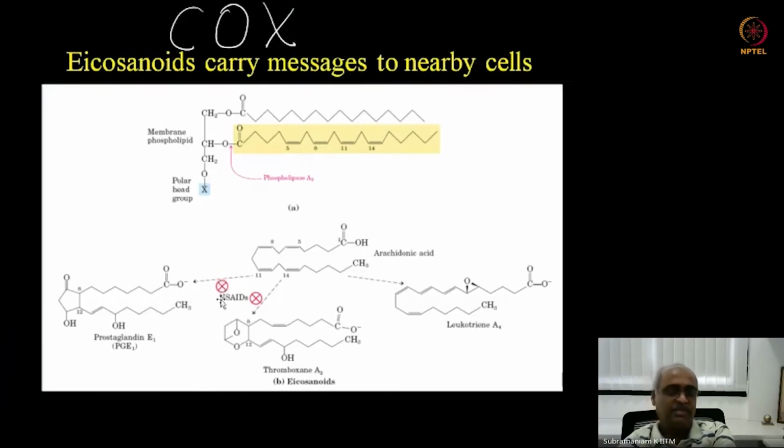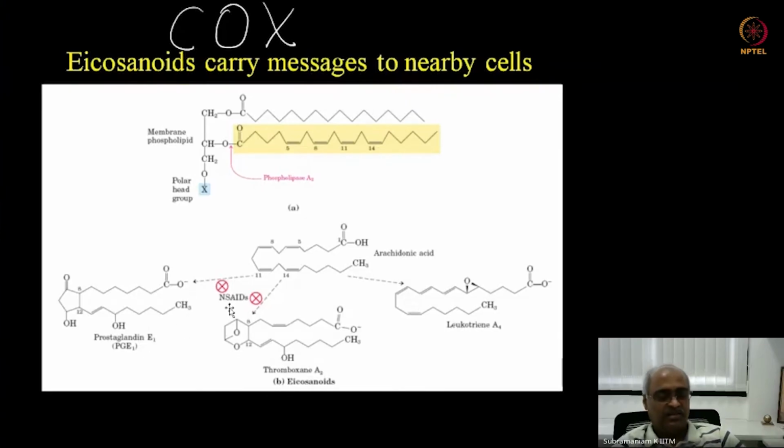So this is an inhibitor. Remember enzyme inhibitors we have learned? The most famous enzyme inhibitor is aspirin, acetyl salicylic acid, the most common painkiller that people take. And aspirin blocks this COX, and as a result, prostaglandin production is reduced. And due to that, inflammation and pain is temporarily relieved.